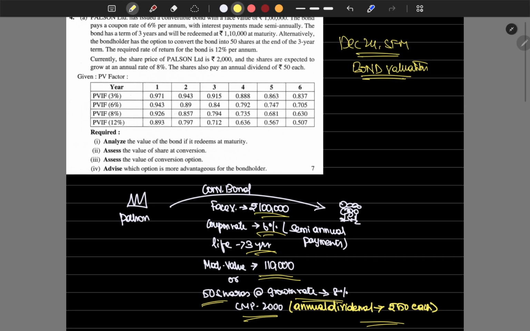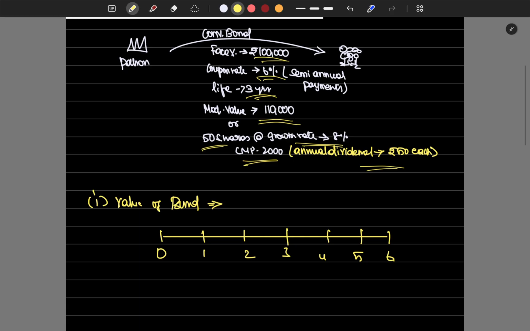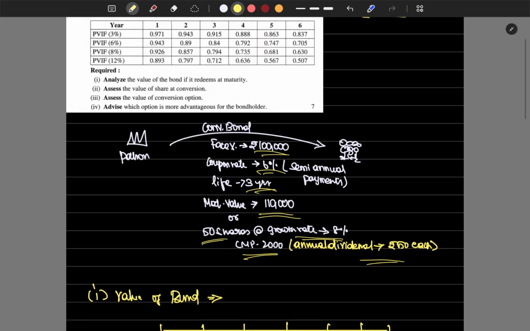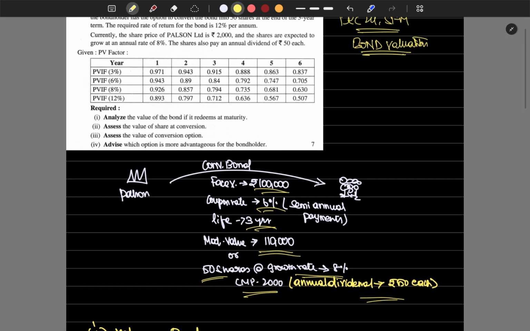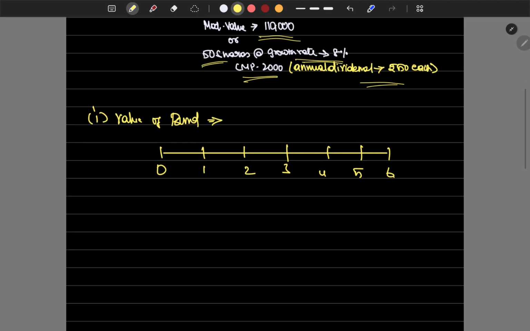What are we investing? The face value of the bond is 1 lakh, and we are receiving a 6% coupon rate. Then 1 lakh into 6% is 6,000. Semi-annually we will receive 3,000, which is 1 lakh rupees into 6% into 6 by 12.